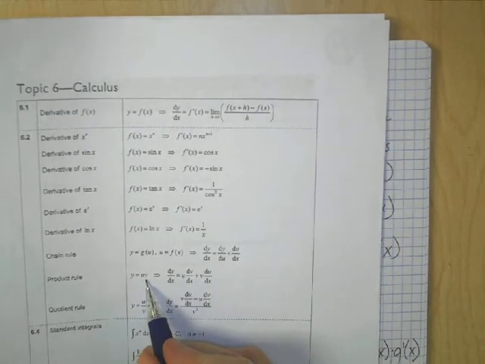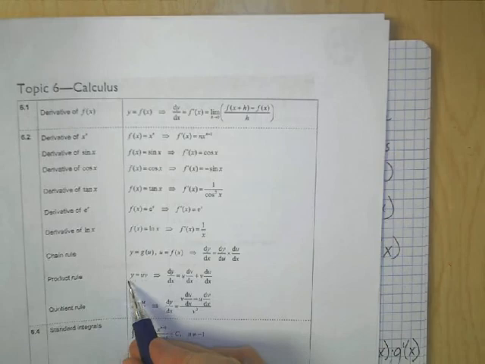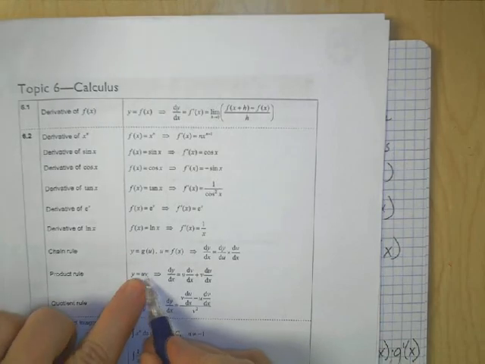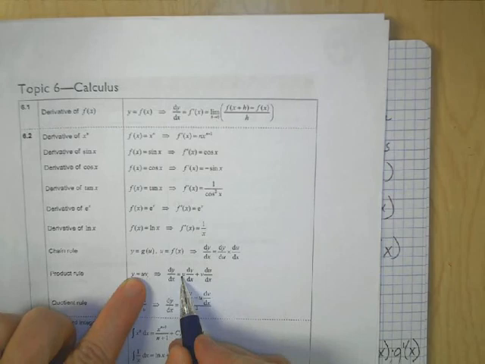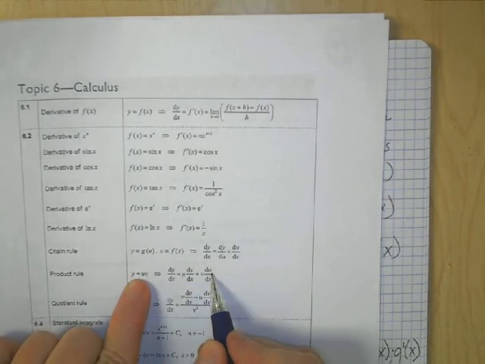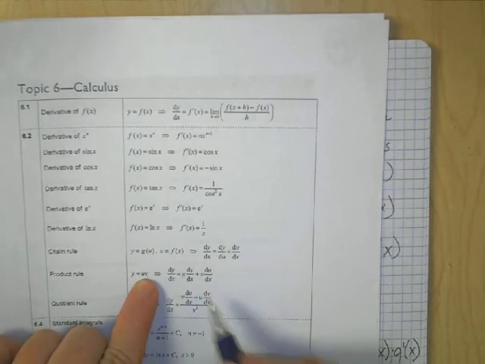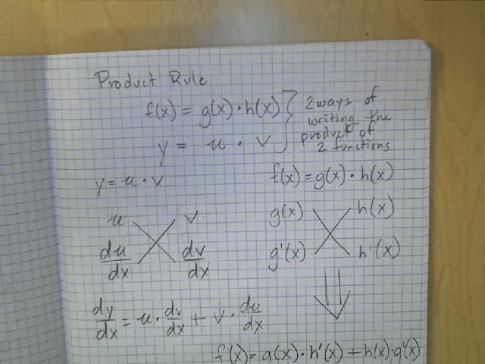So I have a function that is composed by multiplying two functions together. You take the derivative of both of them and then multiply the derivative of the second one times the first function, and then the derivative of the first function times the second function, and add them together. That's the product rule. All right, where was I?